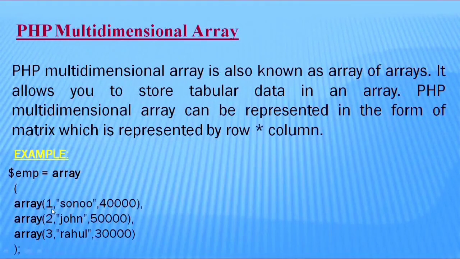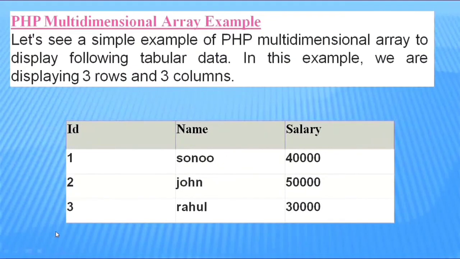First, ID number 1, name is Sonu, salary is 40,000. Second person, ID number 2, name is John, salary is 50,000. Next, third, ID number 3, name is Rahul, salary 30,000. This is the array representation. So next, tabular format. If you look at this, see a simple example of PHP multidimensional array.